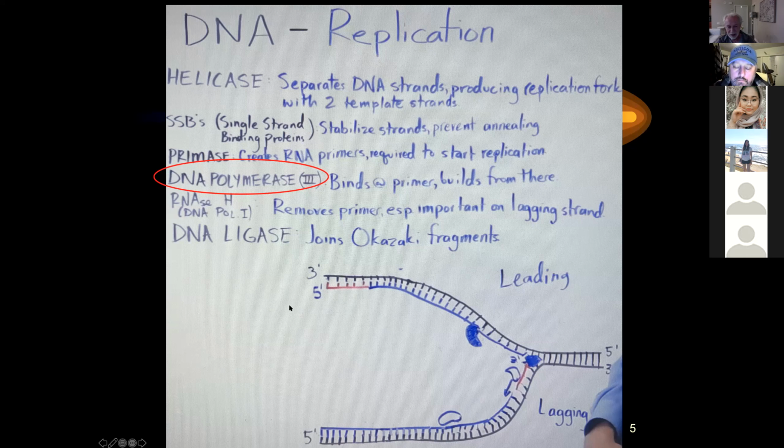And the primer is necessary in order for DNA polymerase to start. Once it's started, the primer is no longer needed, and then this other enzyme, RNase, comes along and takes the primer away. And I like the name RNase because its substrate is the RNA primer.